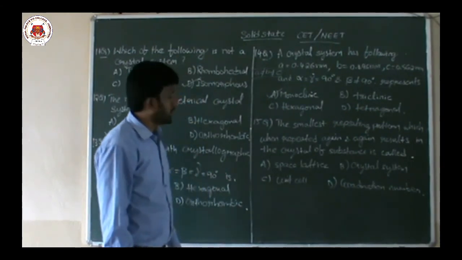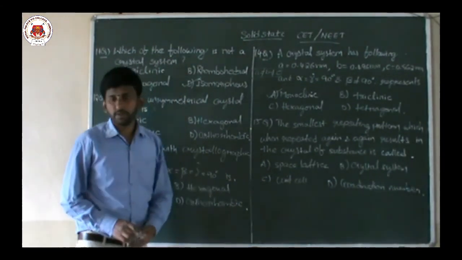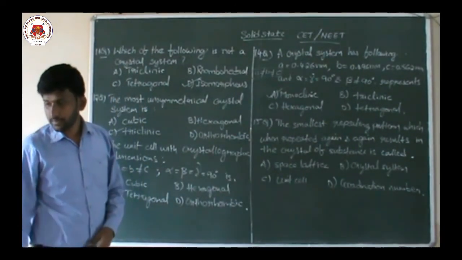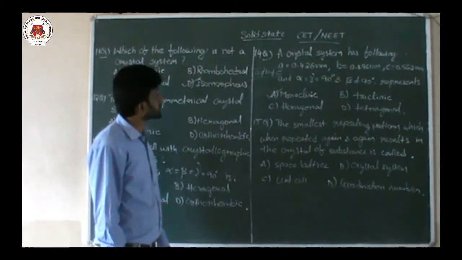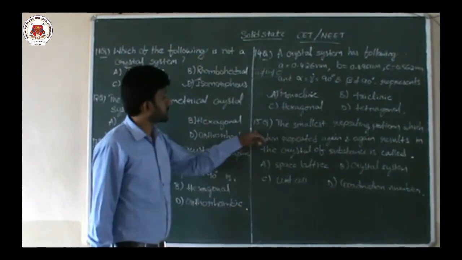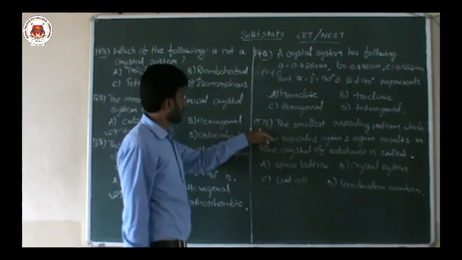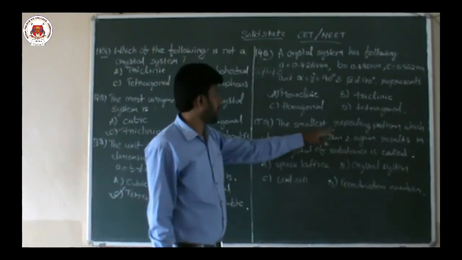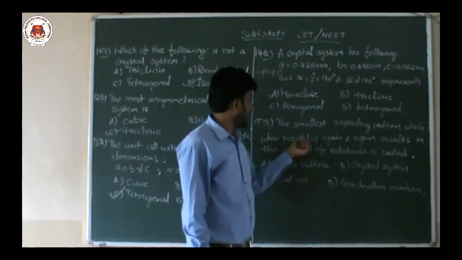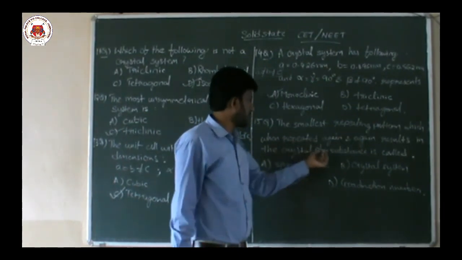Now coming to the 15th question. The smallest repeating pattern which, repeated again and again, results in the crystal of a substance is.